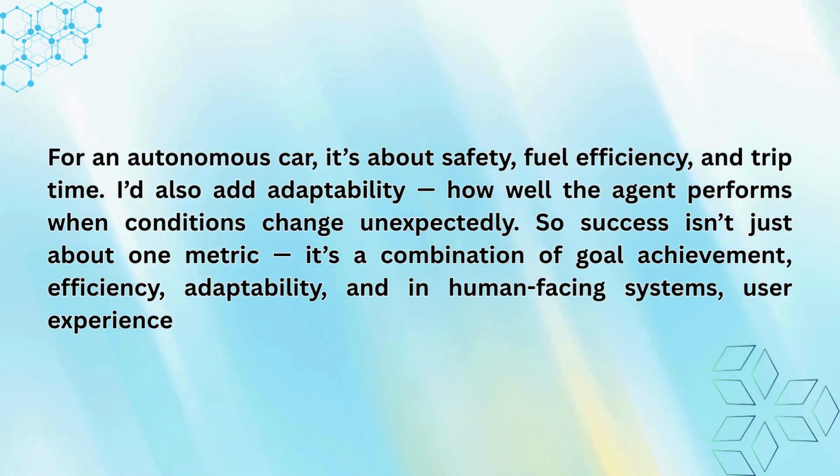For an autonomous car, it's about safety, fuel efficiency, and trip time. I'd also add adaptability, how well the agent performs when conditions change unexpectedly. So success isn't just about one metric. It's a combination of goal achievement, efficiency, adaptability, and in human-facing systems, user experience.